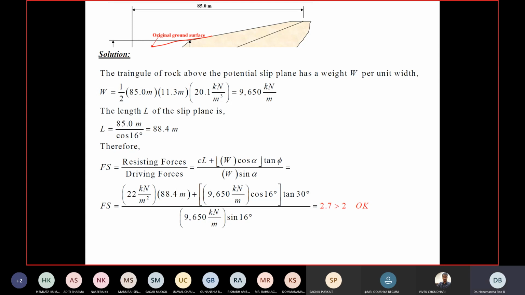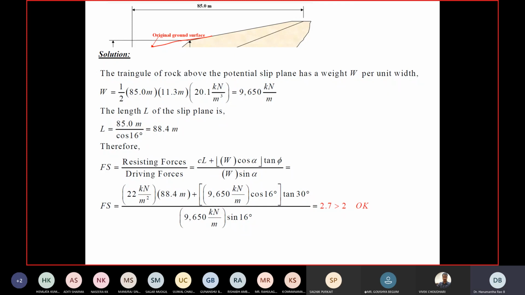So the total cohesion developing all along the failure slip plane, C, has been given as 22 kilopascals. This should be multiplied with the total length of the failure plane, that is 88.4 meter. So this will give the total cohesion.